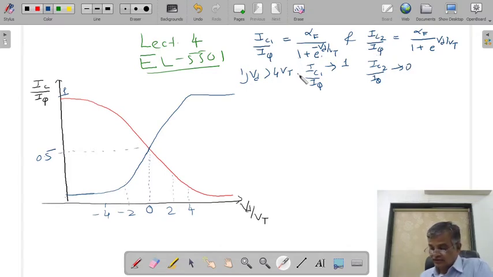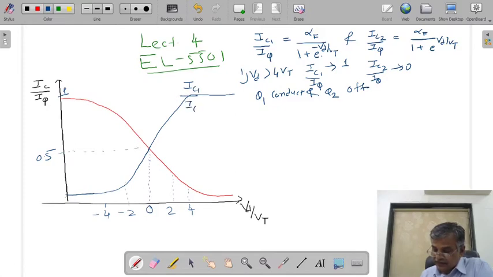What does it mean? This means Q1 conducts and Q2 is off. Here I am writing, this is the graph of IC1 by IQ when VD is more than 4 VT.